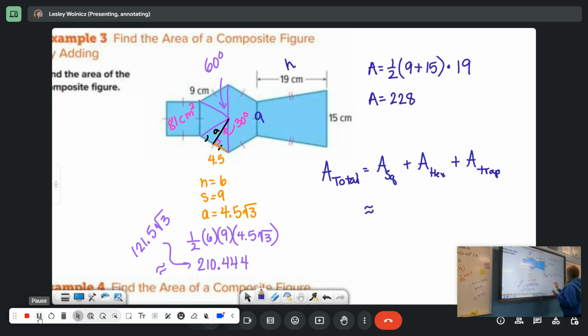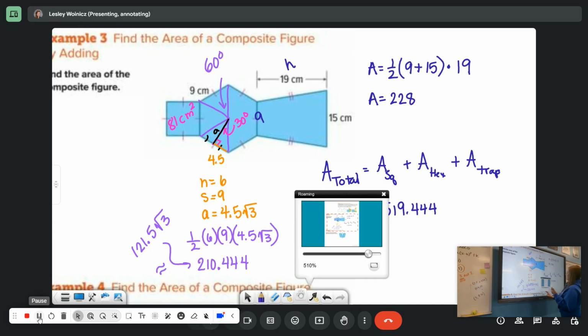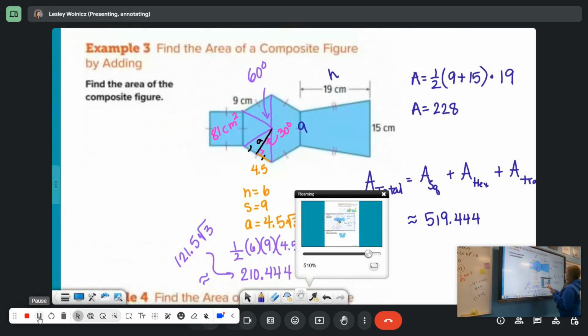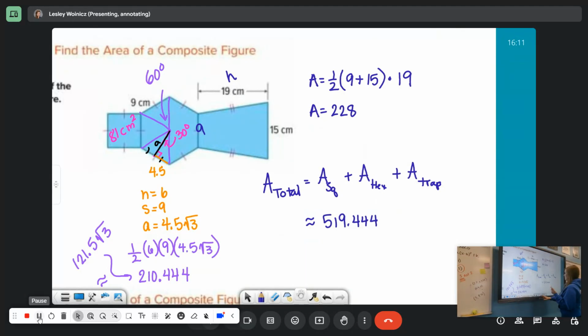Which is approximately, if I add those up, $519.44. What does it say to round to? It doesn't. We're just going to go to the thousands because it's easy. These are centimeters squared. That's it.